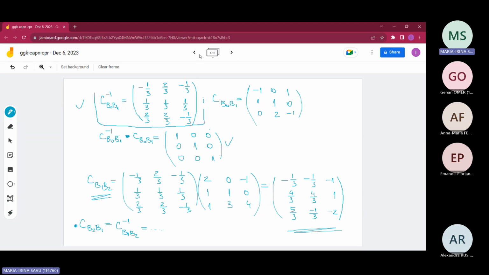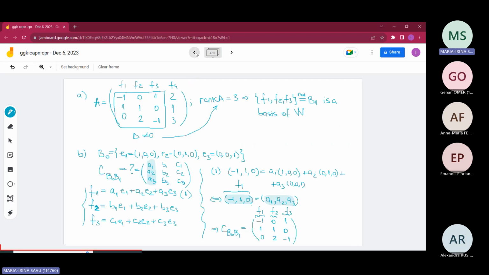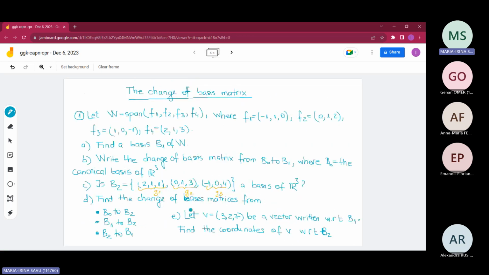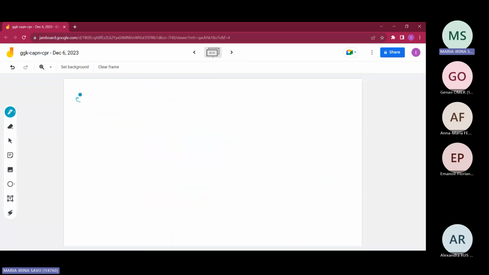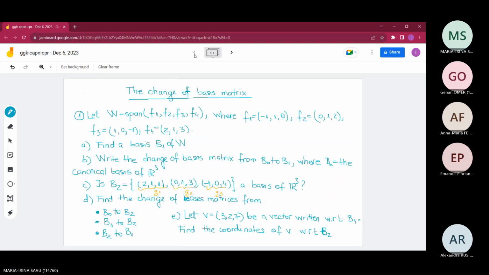And we have a point here, the point E, which tells you to find the coordinates of E with respect to B2. So let's get the point E. You have a vector v, and note that the coordinates of v with respect to b1 are 3, 2, 7, okay?